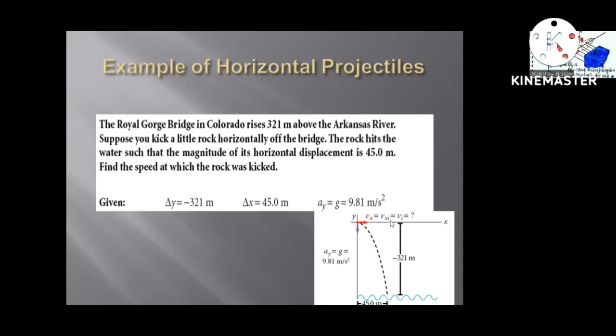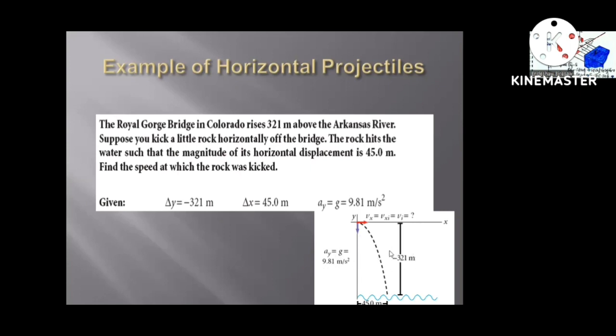Therefore, Vx equals Vxi equals Vi, which is constant since ax equals 0. Then ay equals minus 9.81, which is given. Naturally, you can simplify the mathematical expression and use 10 meters per second squared, but it is almost the same.